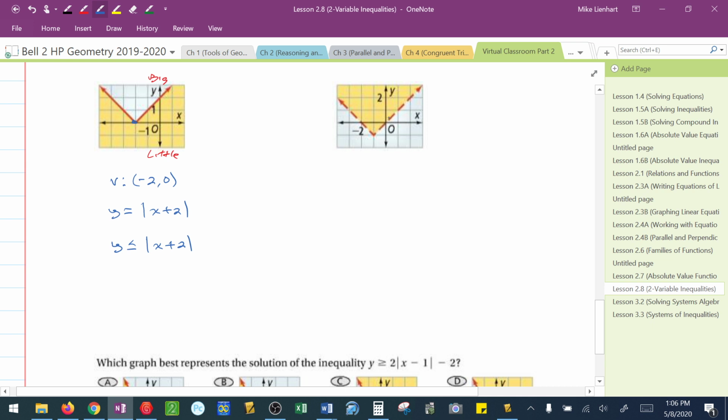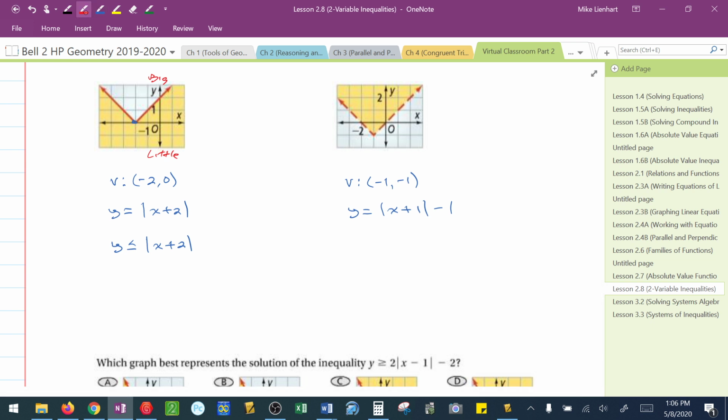Okay? All right, so let's do this one. We got the vertex here is at -1, -1. That gives me the equation y equals the absolute value of x plus 1 minus 1. So remember, the x value, -1, says left 1. How do we represent left 1? We add 1 inside. All right?